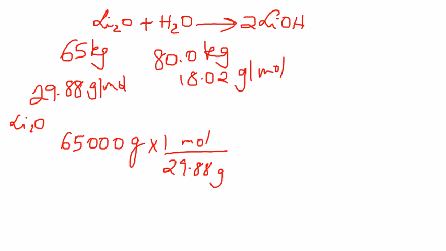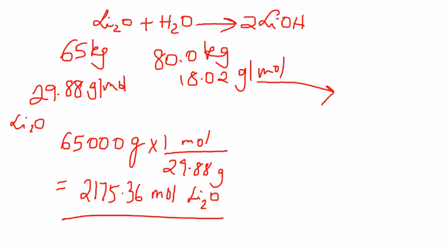So 65,000 divided by 29.88 comes out to be 2175.368 or 37. Use the significant figures appropriately, but that many moles of Li2O is present.